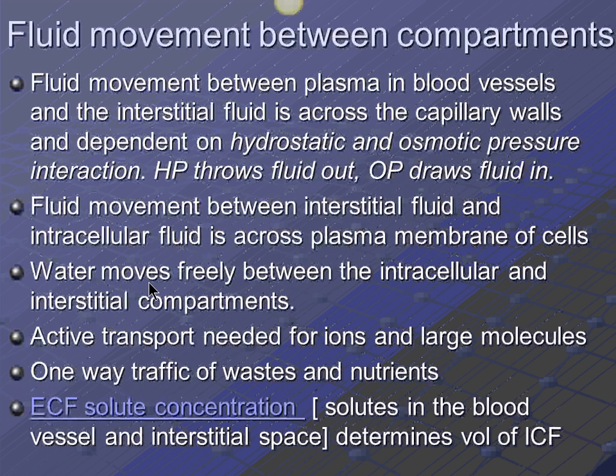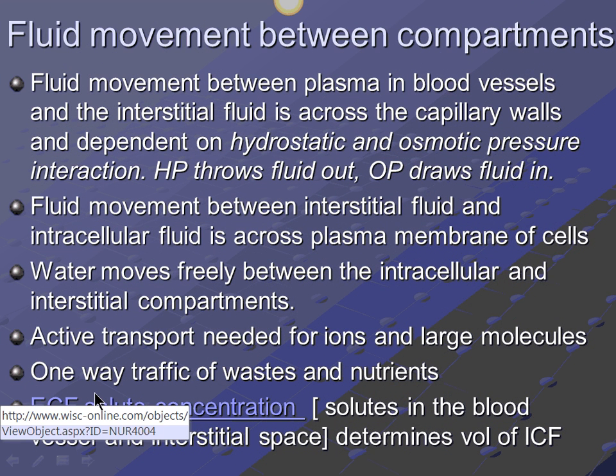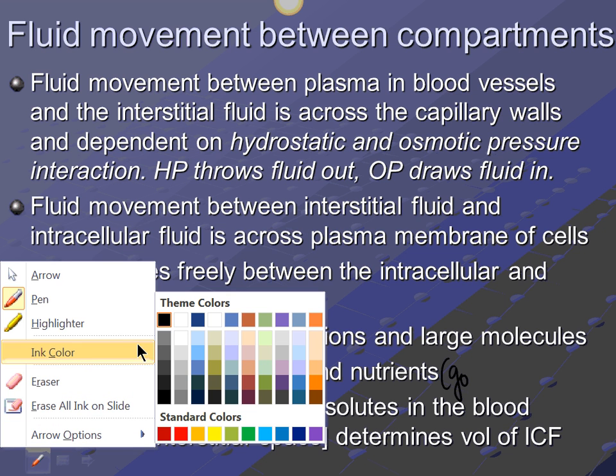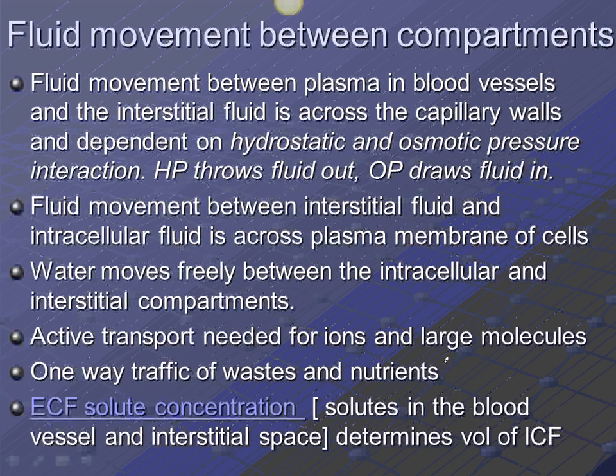But for certain large molecules, nutrients will go into cells, because that's what nutrients do. You don't want waste to go into the cells, you want them to come out.